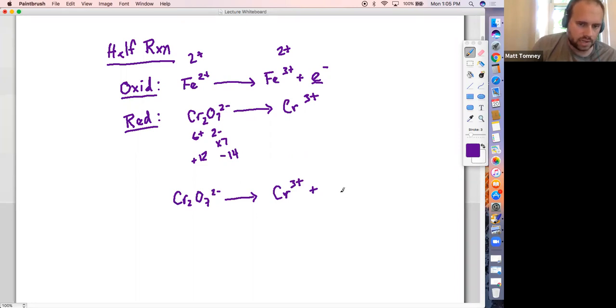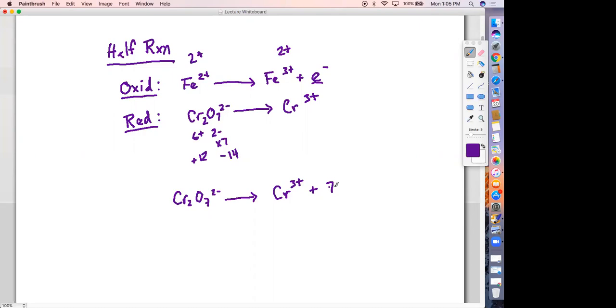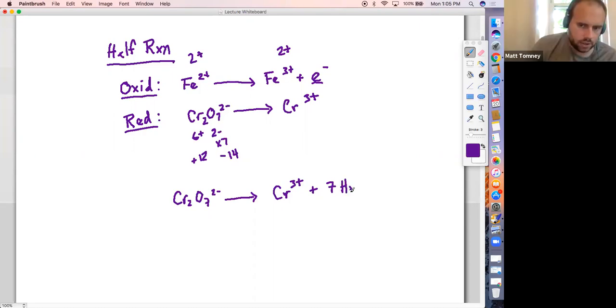H2O, so I get a single oxygen per water. So how many of them will I need? 7. 7, good. Okay, so 7 H2O. Now there's the chromium. There's a 2 in front of the chromium here since I've already balanced the oxygens. So I need a 2 in front of the chromium here.